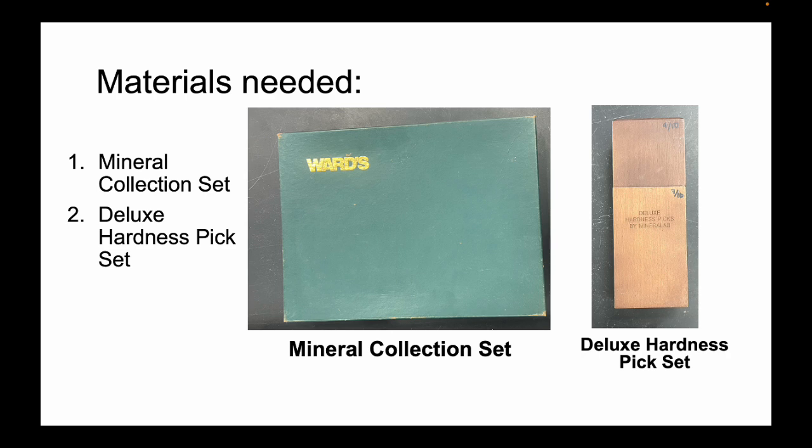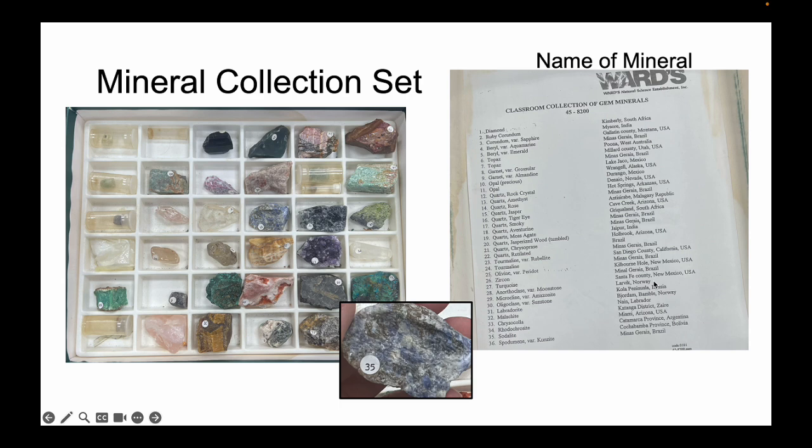So you need these two materials for this lab session. First one is the mineral collection set and the second is the deluxe hardness pick set. If you look at the mineral collection set, you may see various types of minerals, and these minerals are labeled with different numbers, which refer to the name of the minerals.